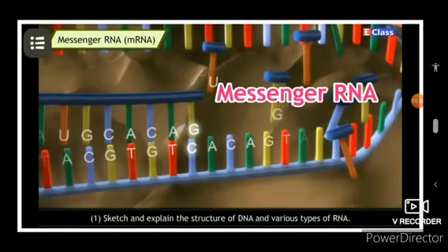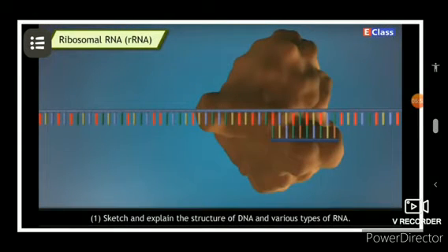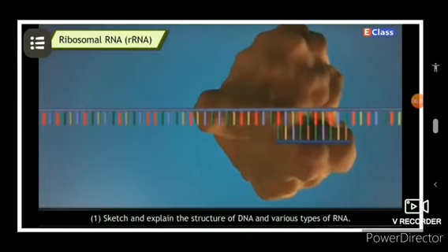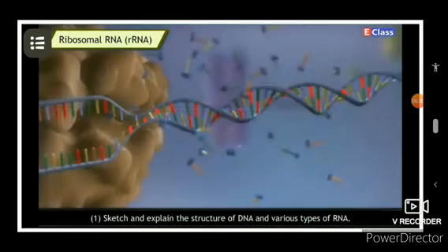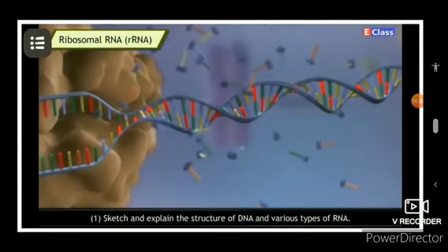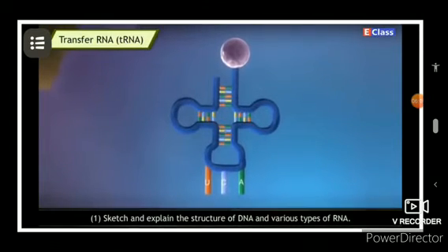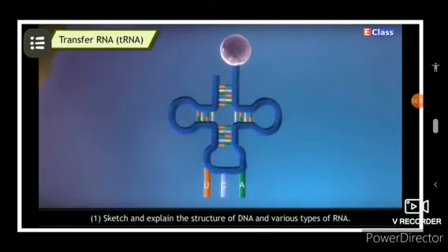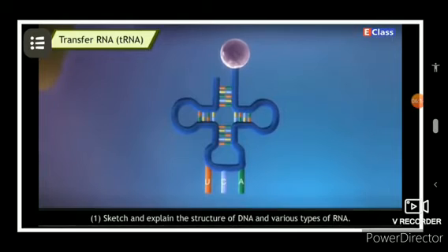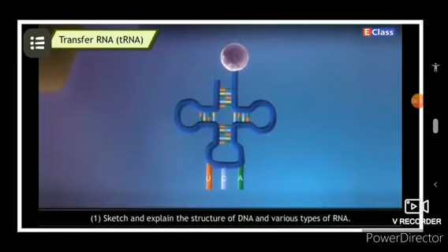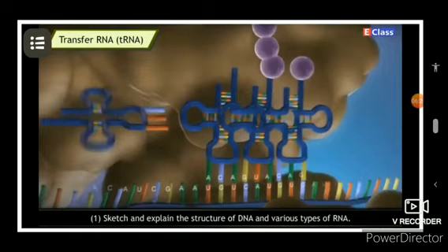They are made by A, C, G, T. Second one, ribosomal RNA, transfer RNA. These are various types of RNA, and we observe a different kind of structure for each different type of RNA.